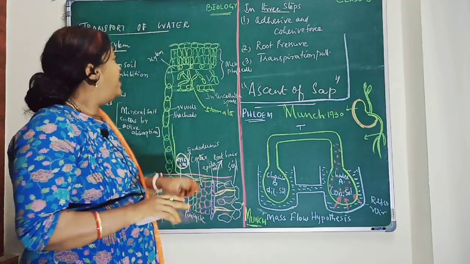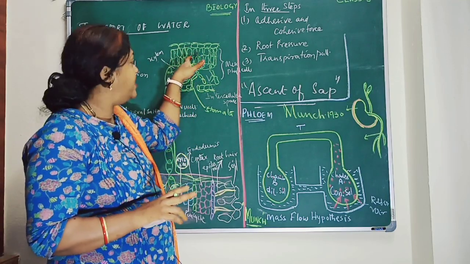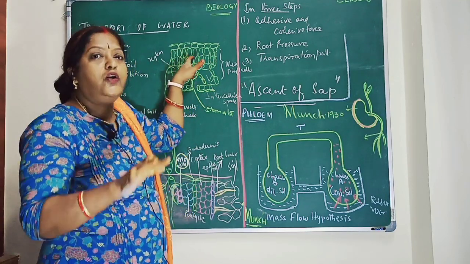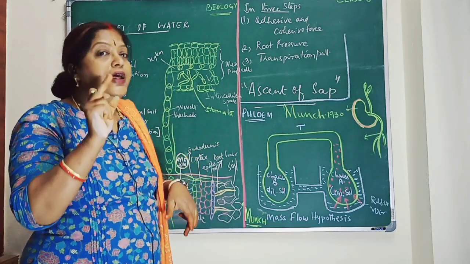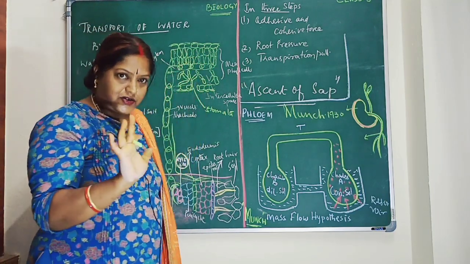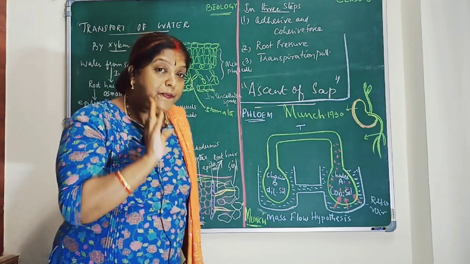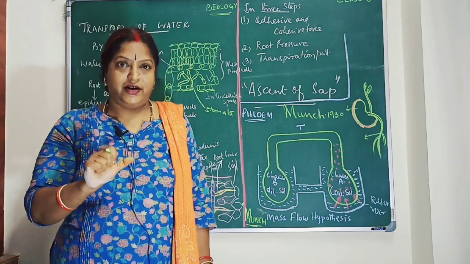Now, the carbohydrate synthesized in the mesophyll cells is transported to the non-green areas. Thereby the osmotic pressure in the mesophyll cells increases. This osmotic pressure makes the neighboring cell absorb water. Understood, children?